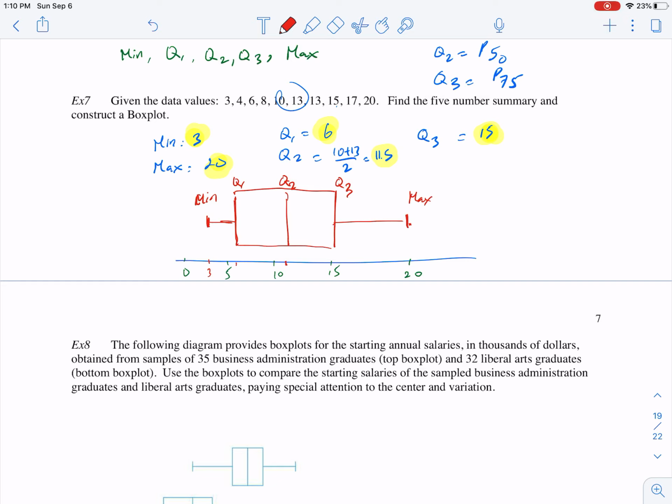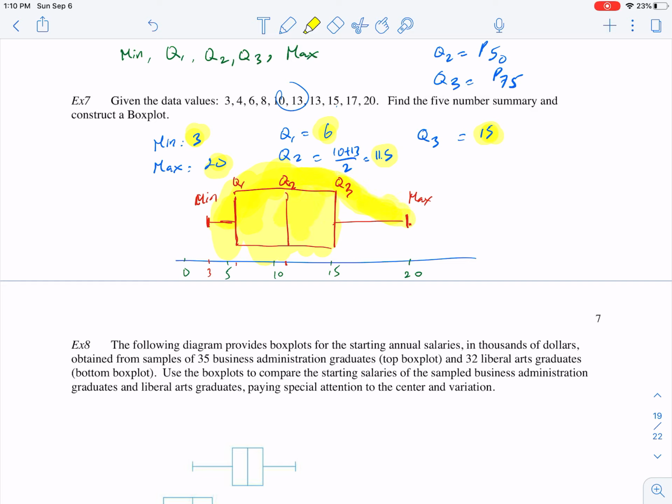If you look at up to this point here, this is 75% of the data, so the majority of the data values are on this side. And this longer stretch here is 25%. So we can say that this distribution is sort of right skewed, with a longer right tail.